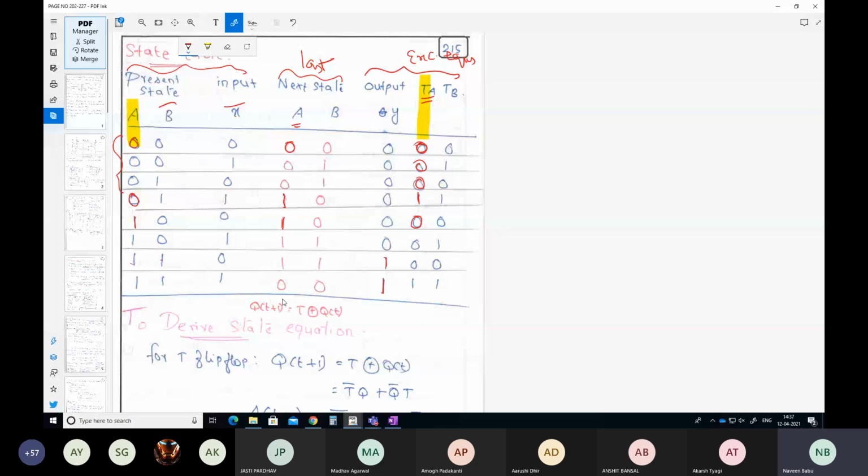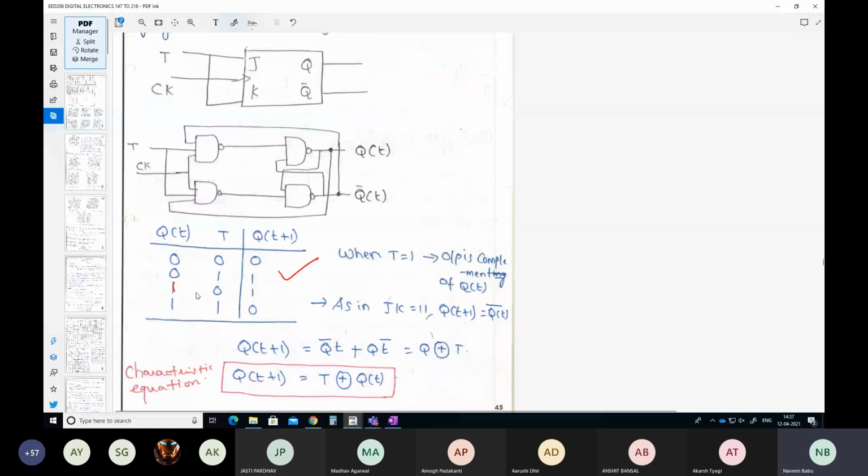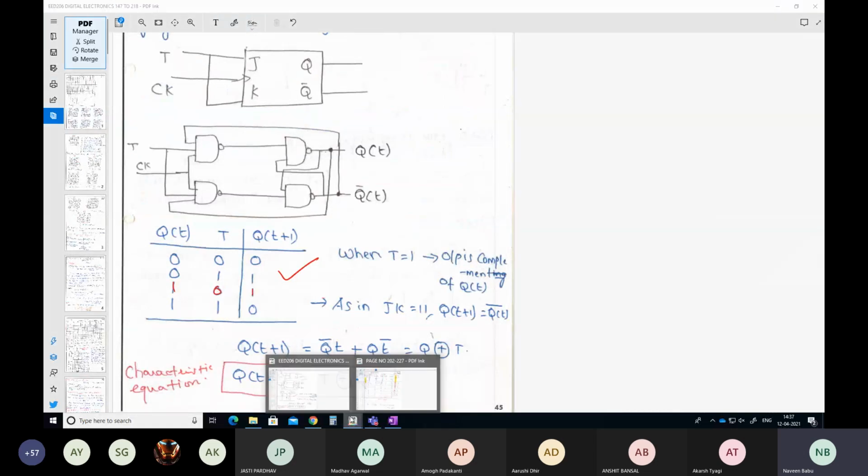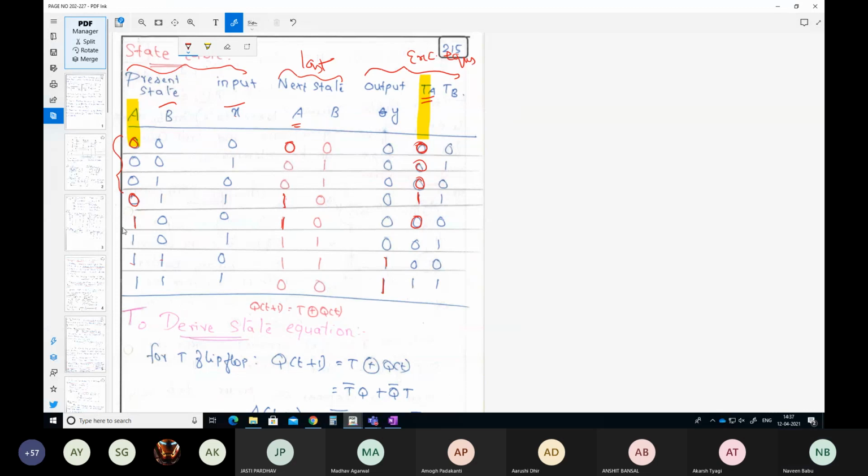It is 1. If you want, you go back and look at the table here. When it is 1 and your T input is 0, your T of T plus 1 is 1. The same thing. When it is 1 and when it is 0, your next state is 1. So likewise, you fill up the next states for A and B.